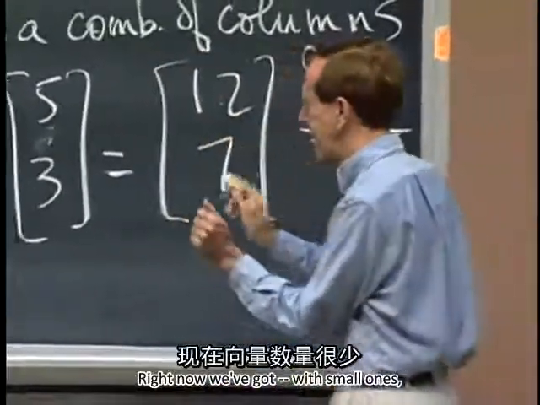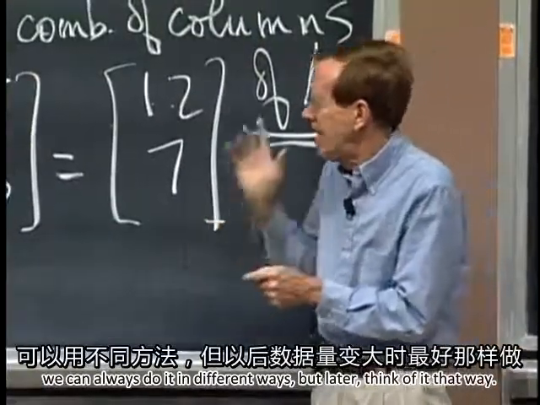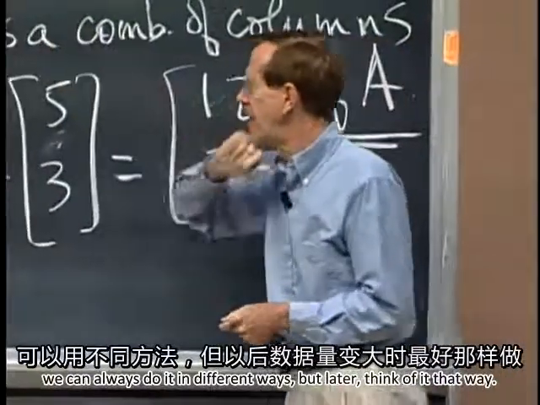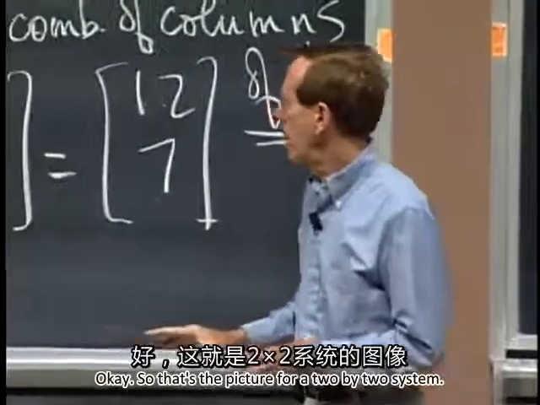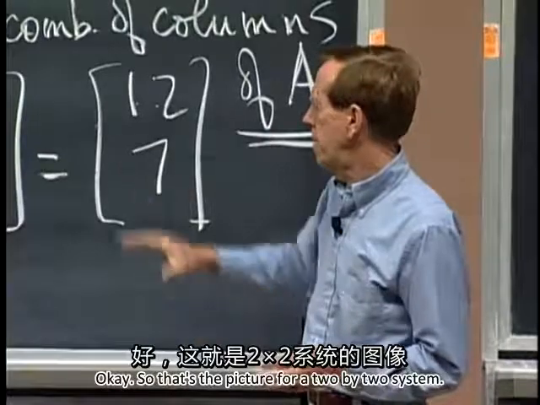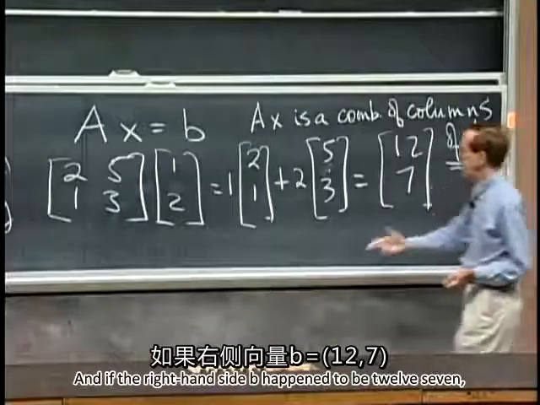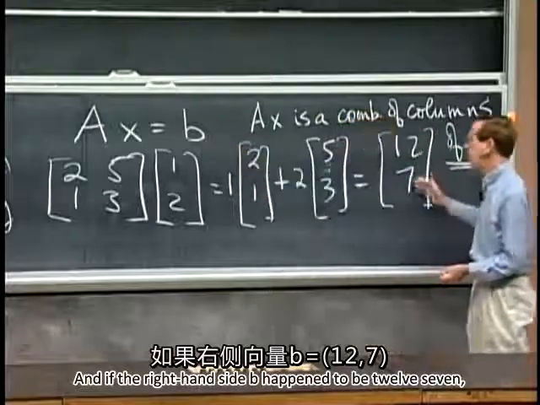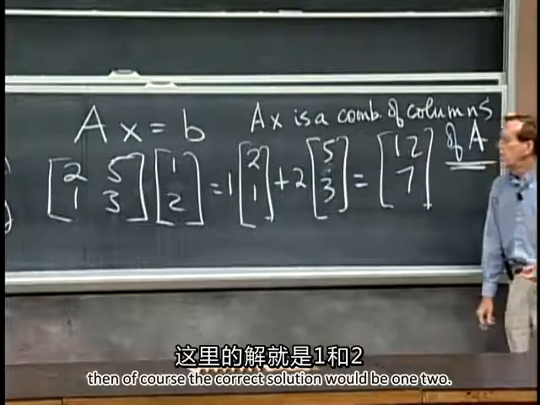Right now, with small ones, we can always do it in different ways, but later think of it that way. Okay, so that's the picture for a 2x2 system. And if the right-hand side B happened to be 12, 7, then of course the correct solution would be 1, 2.